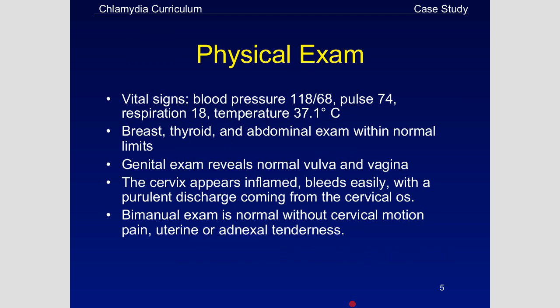When they look at the cervix through per vaginal examination with a speculum, they do see inflammation there, right? It bleeds easily, and there's a purulent discharge coming from the cervical os. She denied the discharge, probably the discharge was not falling out, it was leaking from the cervix. On manual exam, cervical motion, looking for pelvic inflammatory disease, they pretty much find it normal.